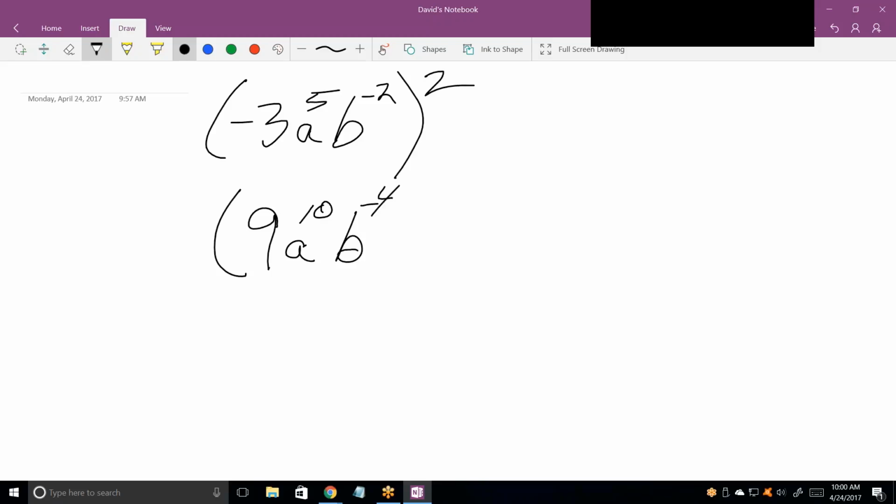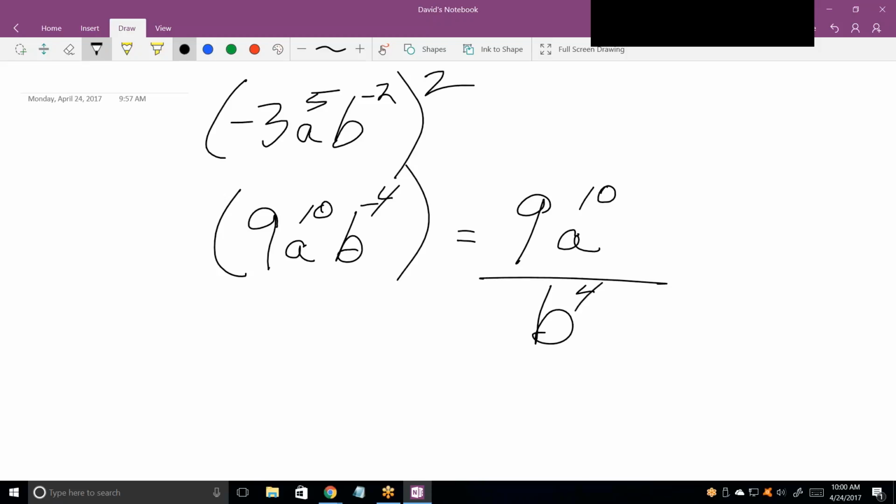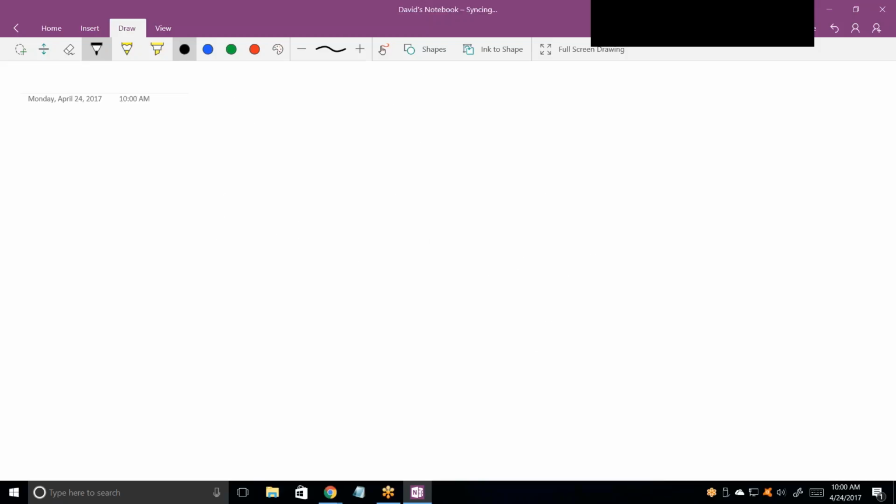Now, typically, they want your answers to not have any negative exponents in them. So you put this negative exponent on the other side of the fraction bar. In other words, it becomes b to the 4th. That's what a negative exponent means. 3 to the -4th is equal to 1 over 3 to the 4th.